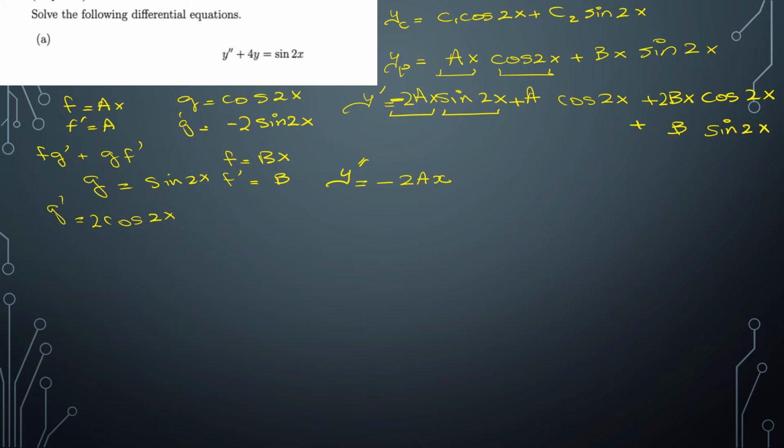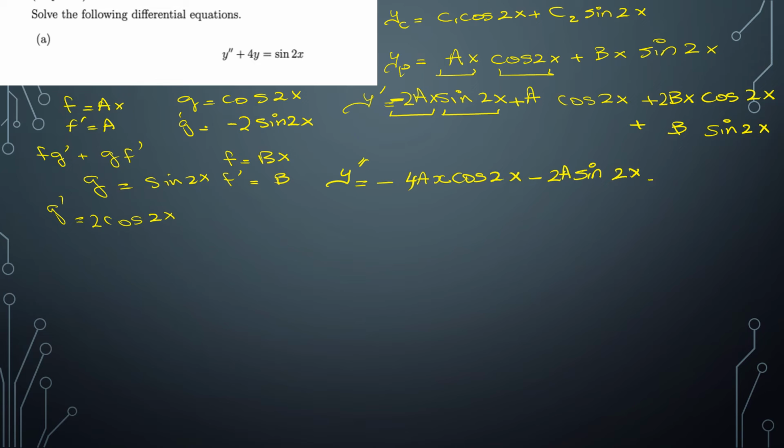That means I will get here negative 2 times 2 gives me 4, and here cosine 2x, plus g f prime. So my g is sine 2x, and my f prime will be minus 2a. So it gives me minus 2a.